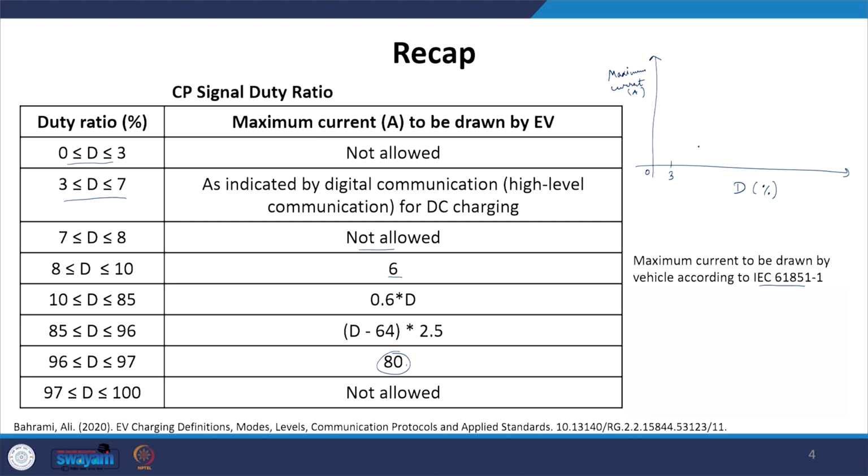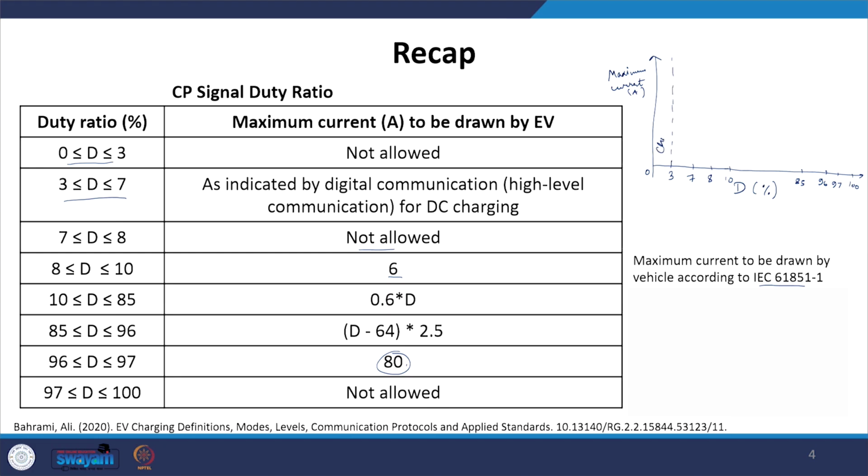So at 3, then we have 7, then another point at 8, then 10, then 85, and after 85 we have 96, 97 and 100.